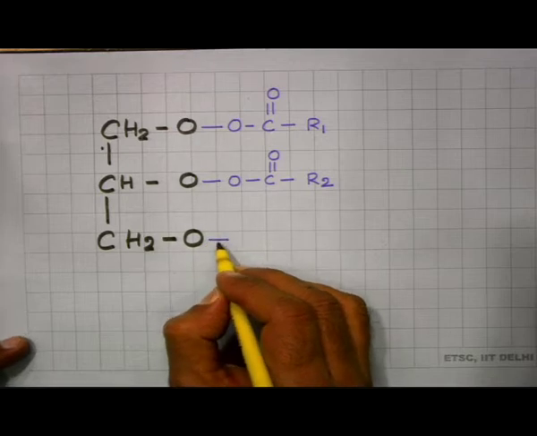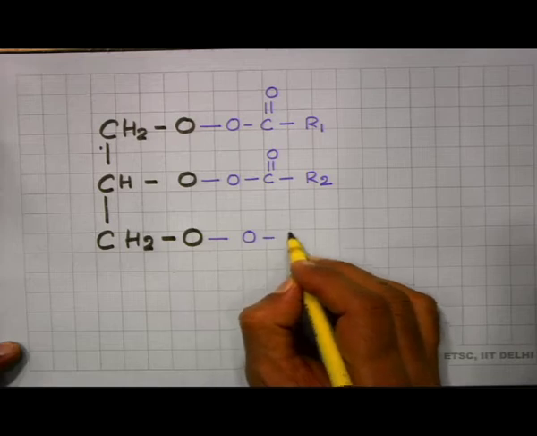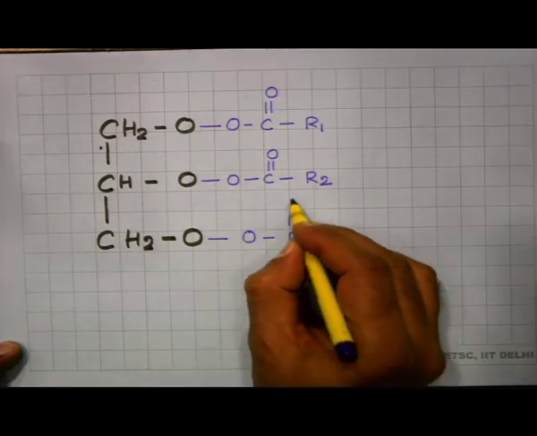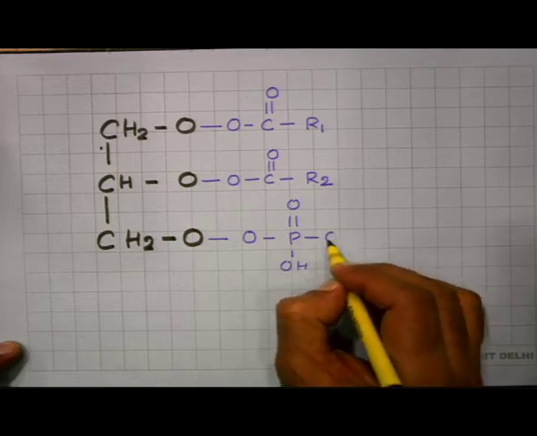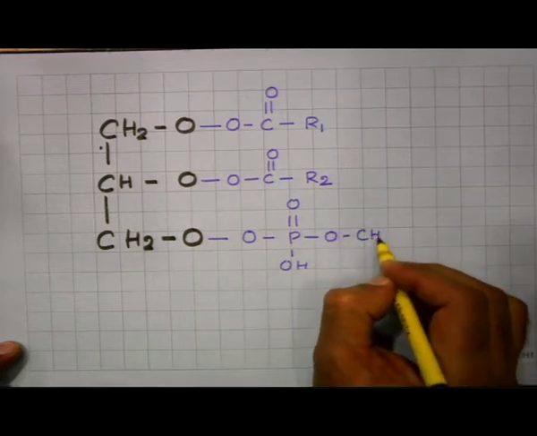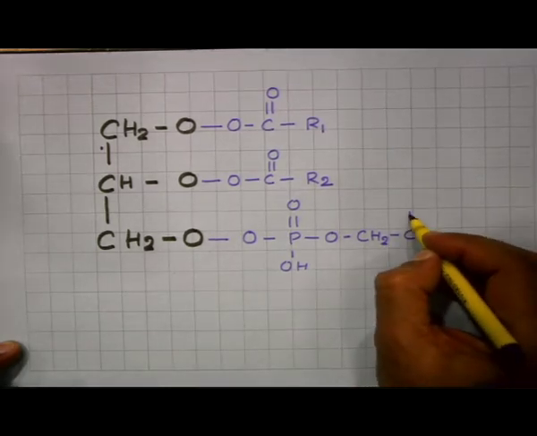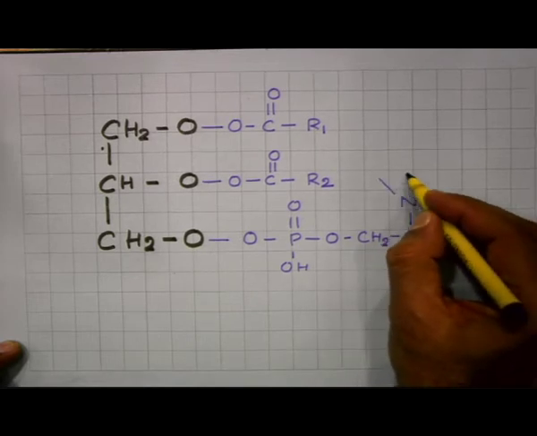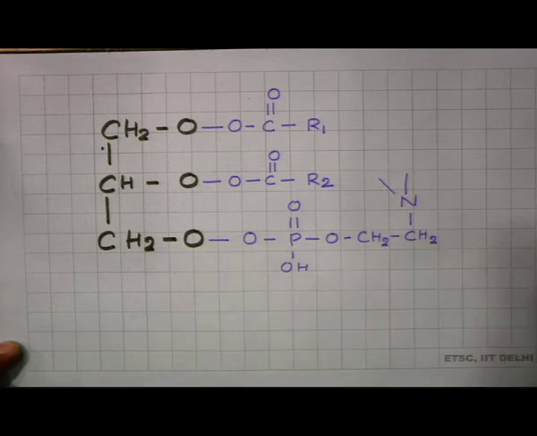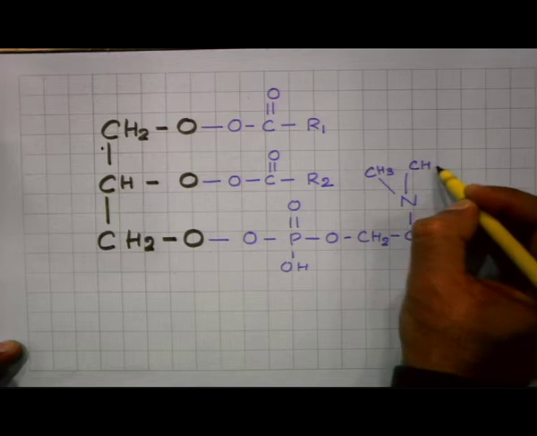Here at the third position there is a phosphate group, here O, P, OH, here O, CH2, CH2, here is N, and this CH3, CH3.